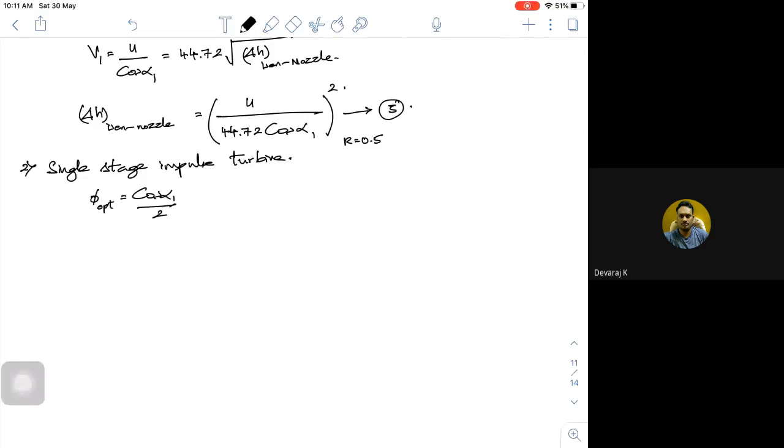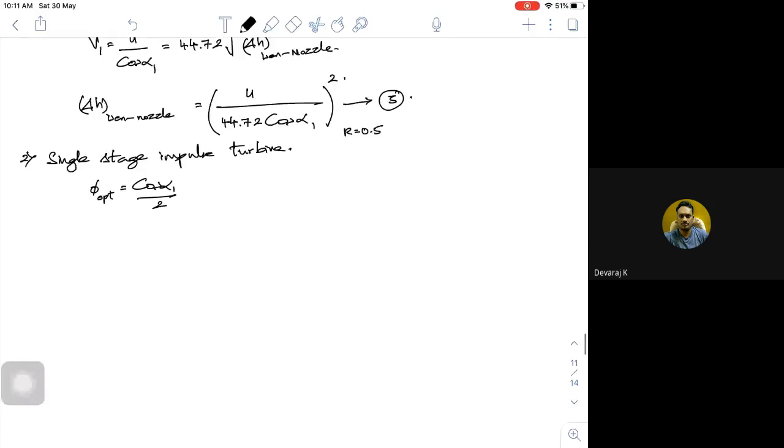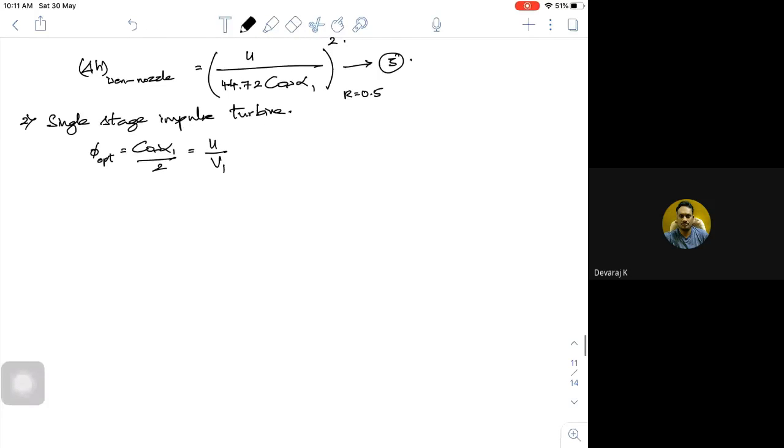Now if I try to equate it, what is your phi? It is U by V1. Then what is my V1? V1 is equal to U by 2 cos alpha 1.